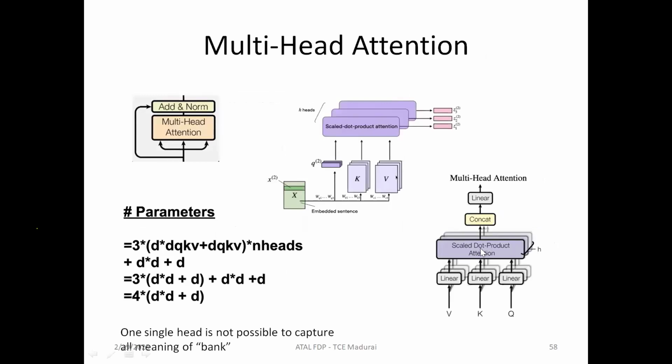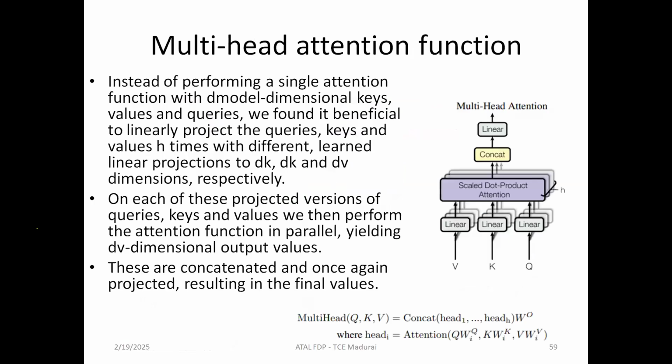Multi-head attention means that instead of a single linear operation, it will perform the parallelism concept. If you are going to deal with a huge dataset on a single machine, we can go with that parallelism concept. By means of multi-head attention, we can take all the inputs, value, key, and query, through parallel processing into the multi-head attention. So here you can see the importance behind the multi-head attention function.